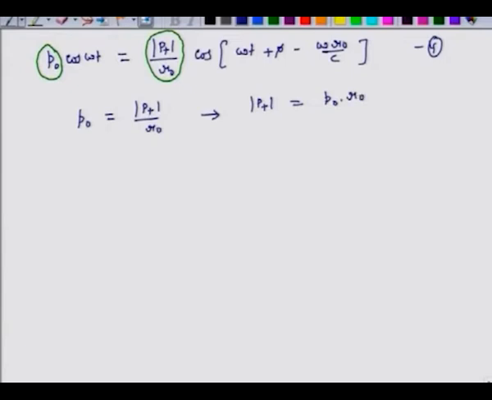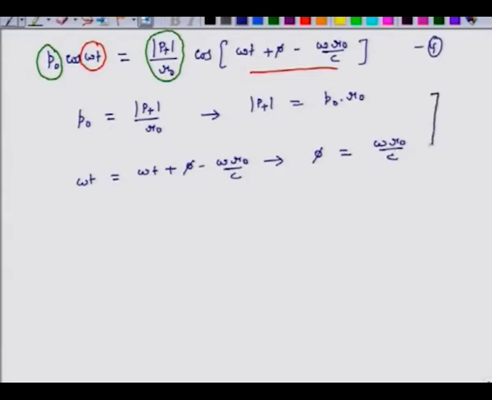The second condition which has to hold true is that omega t, this term, should equal this term. So, omega t should equal omega t minus omega r naught over c, which implies that phi should equal omega r naught over c.